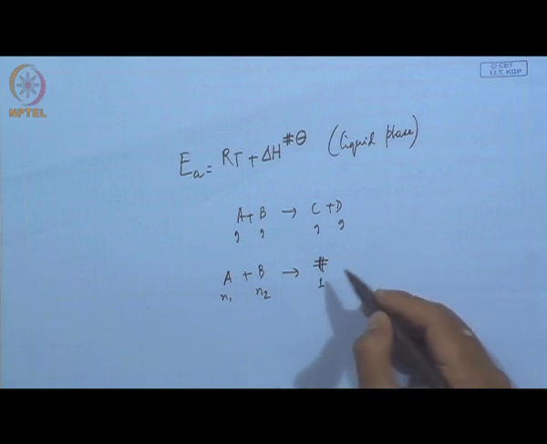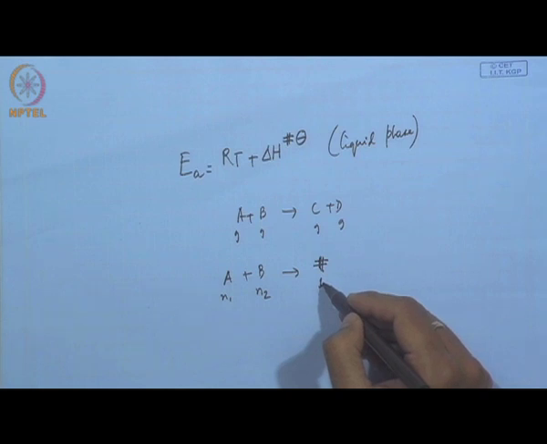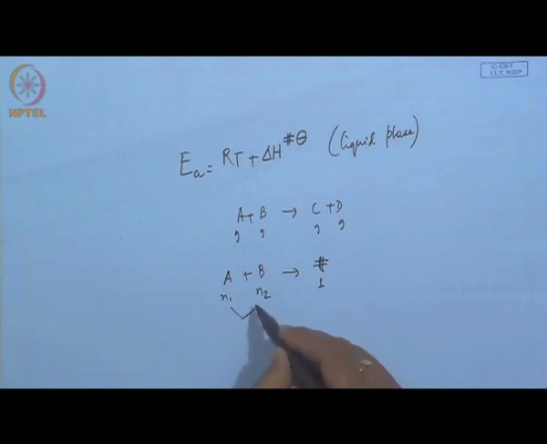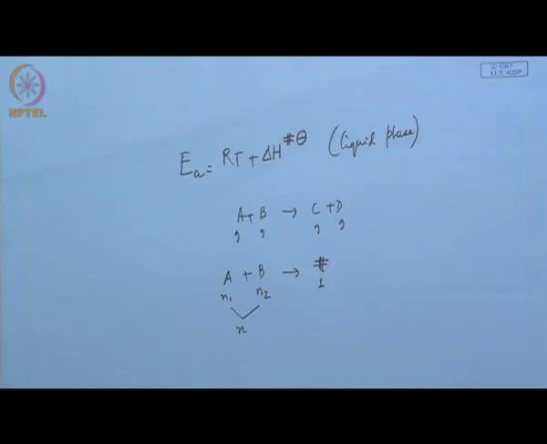Okay. So, basically the right hand side is 1 and the left hand side is N1 plus N2. So, let us write N1 plus N2 equal to N. The left hand side total number of moles will be N and the right hand side will be 1, because out of these two species A and B, the activated complex will be produced. That means N1 moles of A and N2 moles of B produce 1 mole of the activated complex.